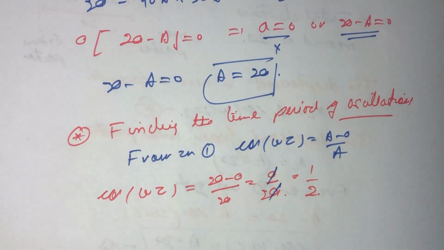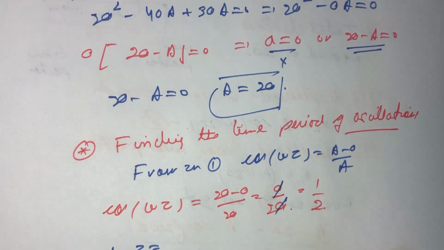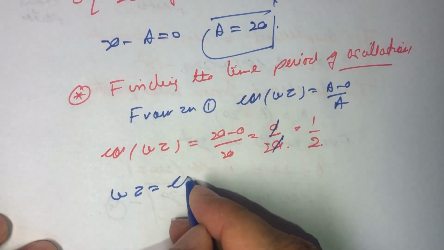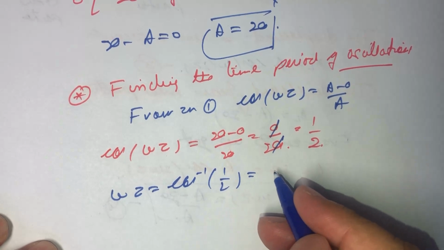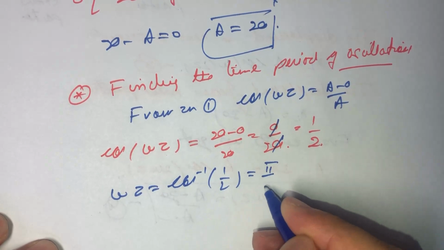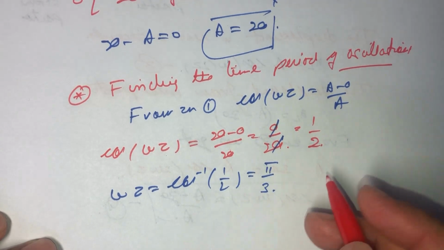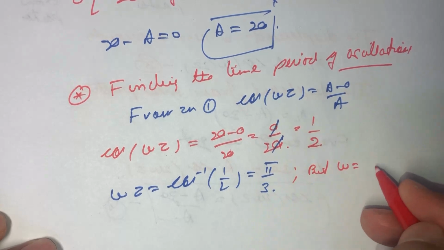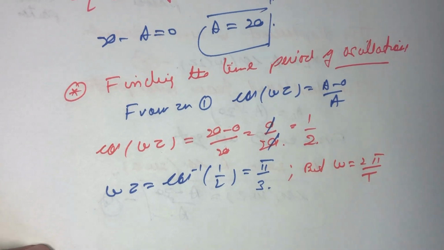So our omega tau is equal to cos inverse of 1 by 2, and this is equal to pi by 3. And we also know that omega is equal to 2 pi by T, because T is the time period.